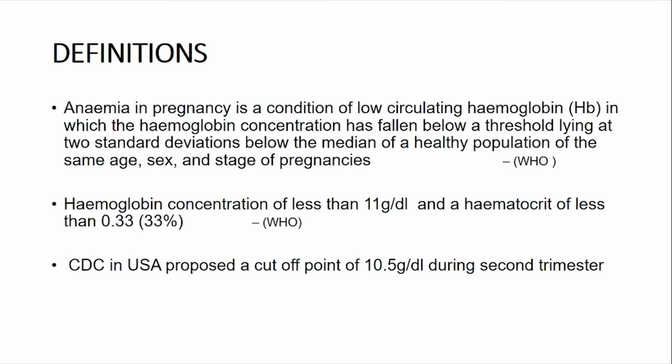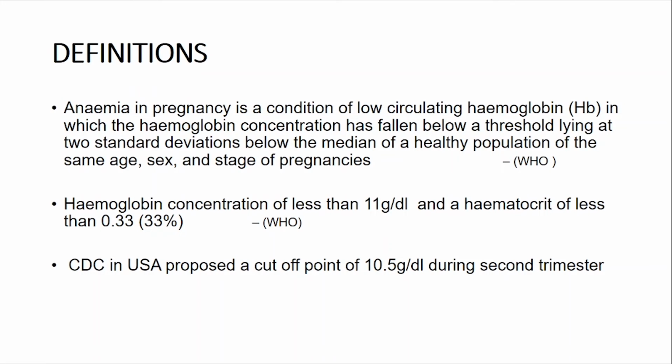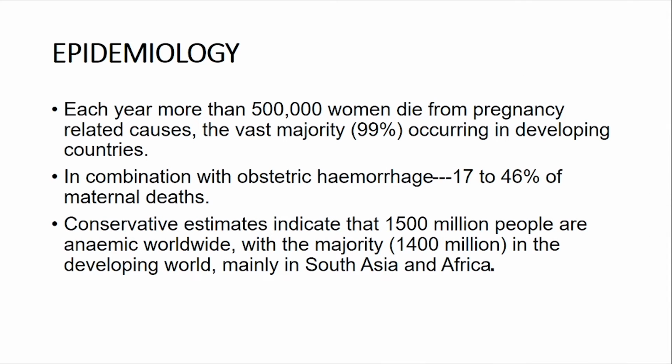It can also be defined as a hemoglobin concentration of less than 11 grams per dl and a hematocrit of less than 33%. And the Centers for Disease Control in the United States of America has proposed a cutoff point of 10.5 grams per dl during the second trimester.